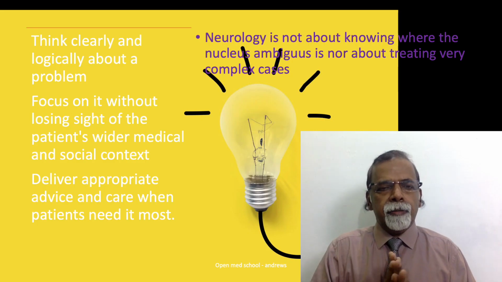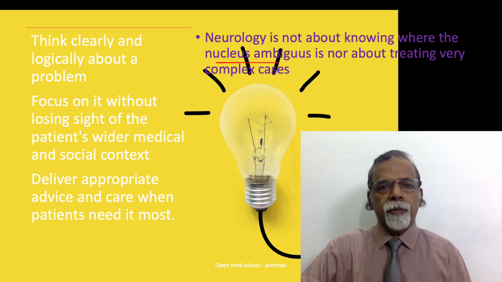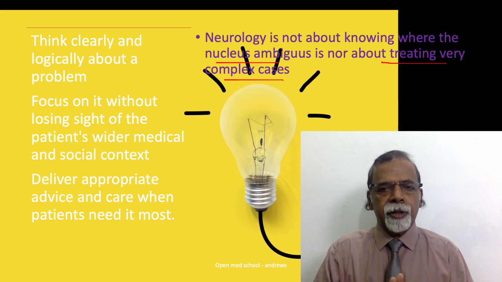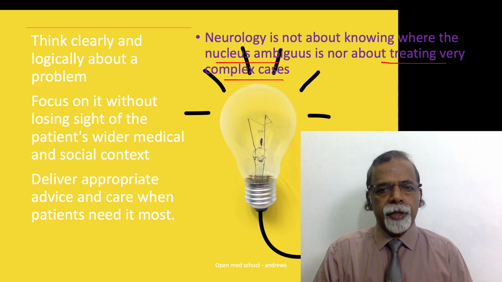So in short, friends, neurology is not about knowing where the nucleus ambiguus or nucleus accumbens is, nor about treating very complex cases. Around 35% of the patients coming to a casualty or emergency department have some neurological problem, and that is the importance of a systematic approach to neurological diseases.